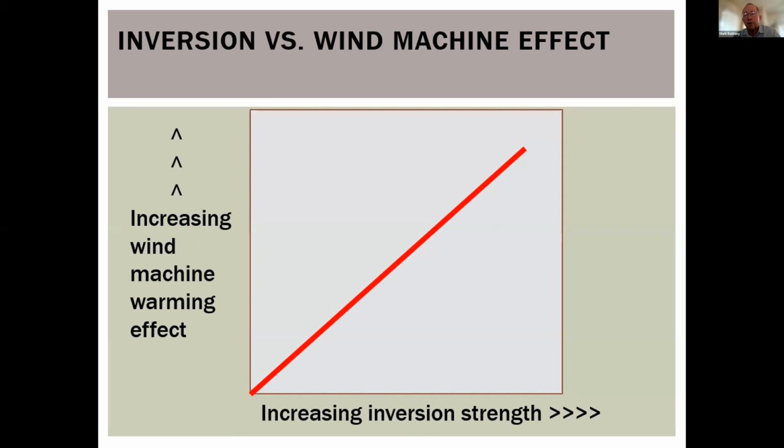Let's say it's 4 degrees warmer up high than down below, then our inversion strength is 4 degrees. And there's a linear relationship between the increasing value of that inversion strength and the warming effect from a wind machine. If we have conditions of very weak inversions, like down here, the wind machine just does not provide very much warming. The stronger the inversion, the greater the warming effect.